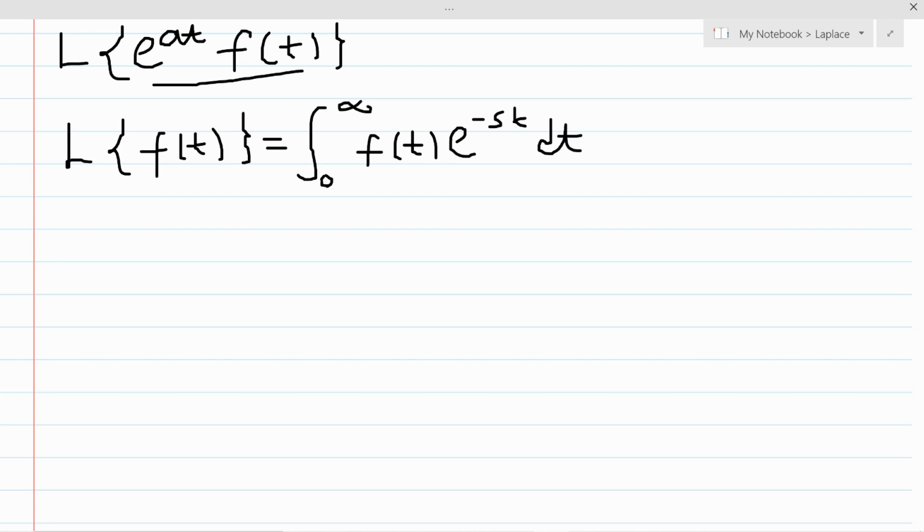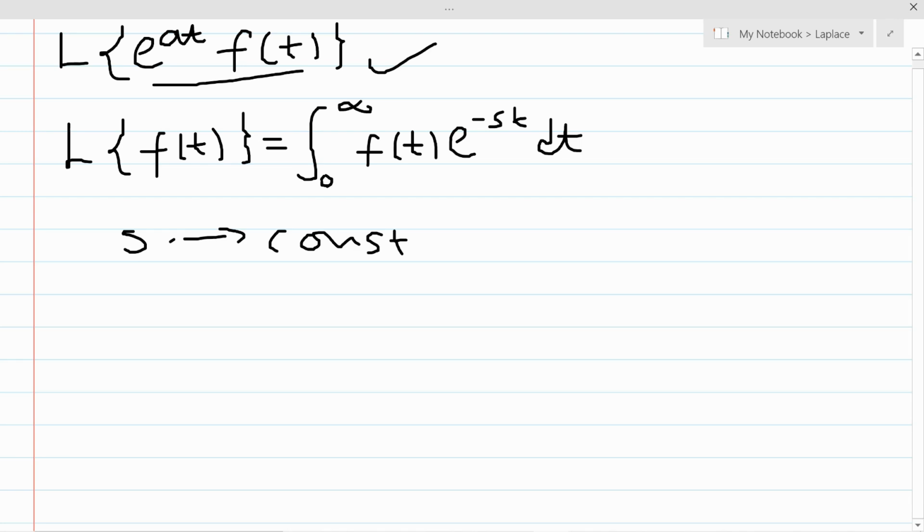With this, we said that the s here is a constant with respect to t, meaning that after the integration, every answer that we'll get will be in terms of what? S. So let's look at a situation whereby we have this for us to find the Laplace.